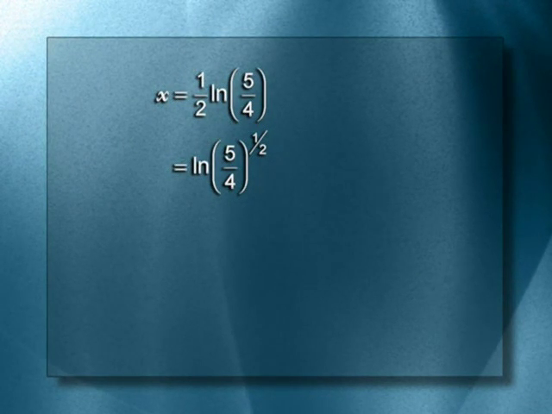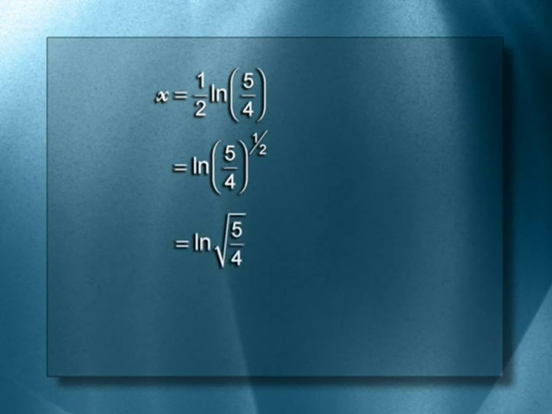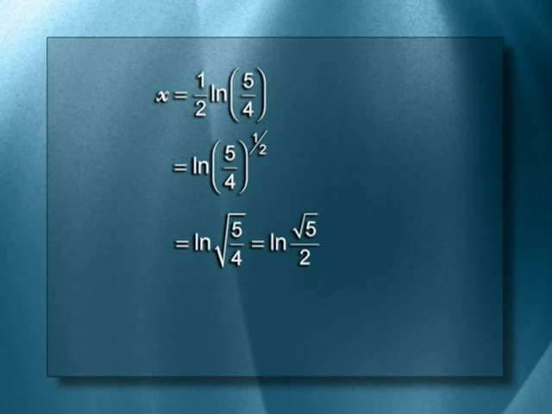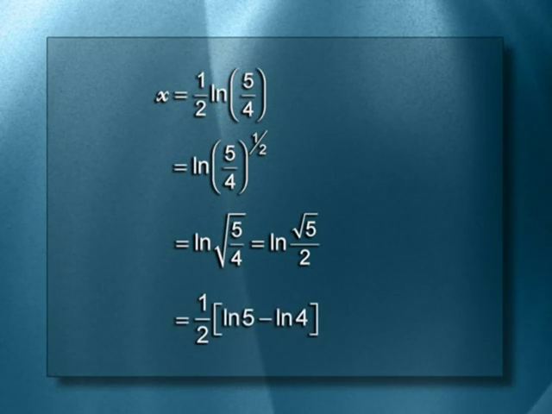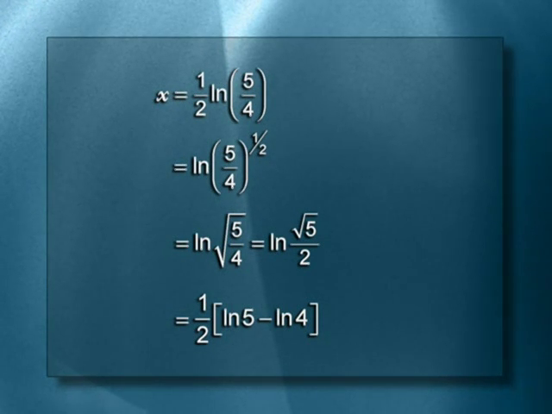We could change the 1/2 in the exponent to the square root symbol, and it would be log of the square root of 5/4. Or we could take the square root of that quotient and write it as log of square root of 5 divided by 2. The square root of 4 is 2. And even another way, we could write log of 5/4 as log 5 minus log 4, using that property that the log of a quotient is the difference of the logarithms.